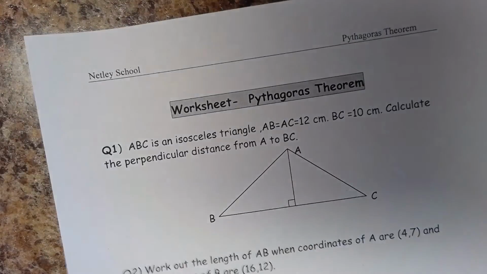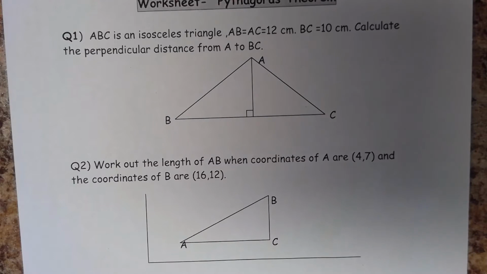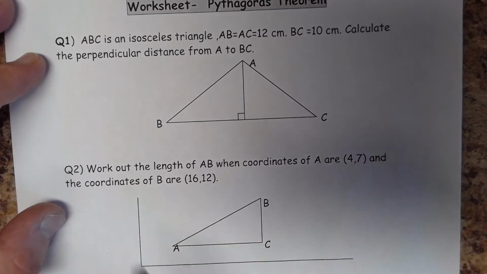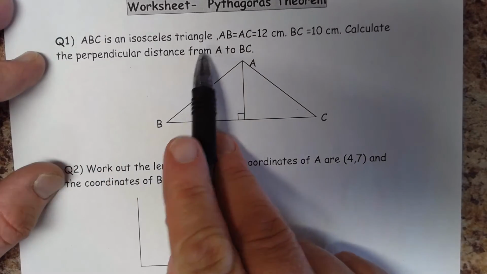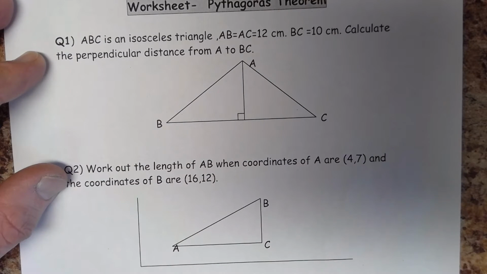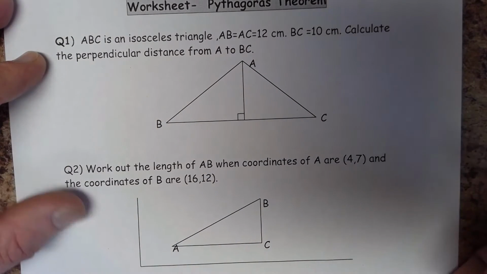So, why don't we begin? These worksheets are on the back cabinet. Why don't we begin with a review of Pythagoras? ABC is an isosceles triangle where AB is equal to AC, and they're 12, and BC is 10.